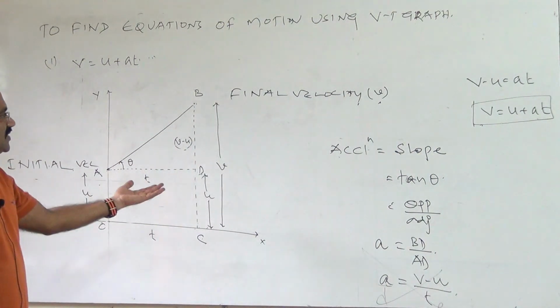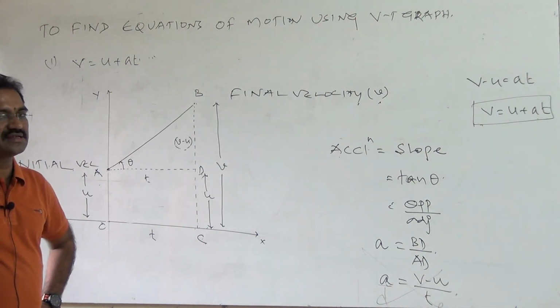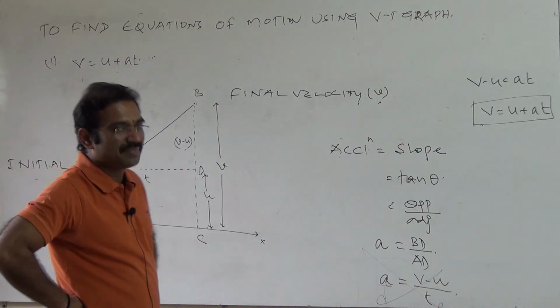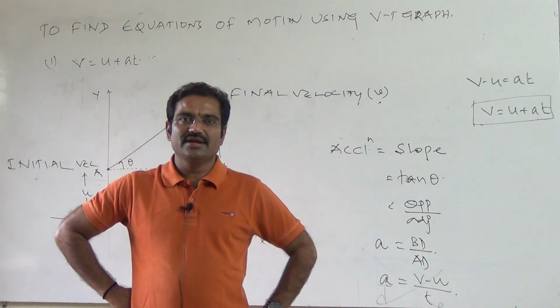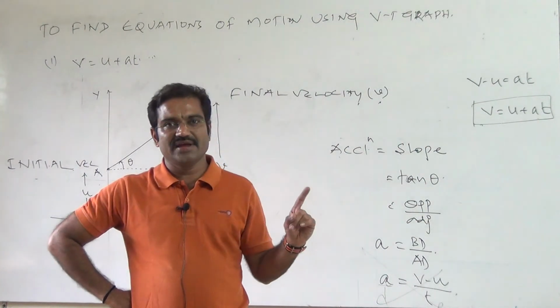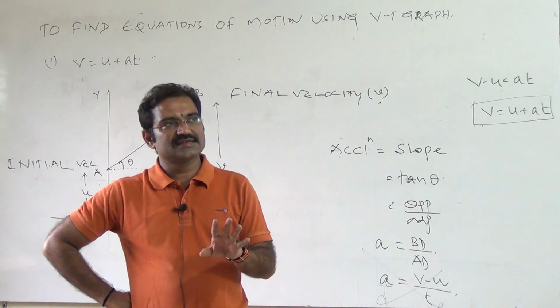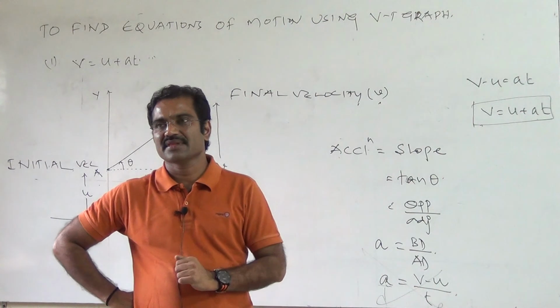By cross multiplication, v minus u is equal to AT, or v is equal to u plus AT. By observing this one, some of you may feel it is mathematics. No, it is not mathematics, it is physics. For that purpose only, in the beginning I said, if you are good in mathematics, definitely you will feel physics is simple. And if you are good in physics, definitely mathematics will support you to score more.